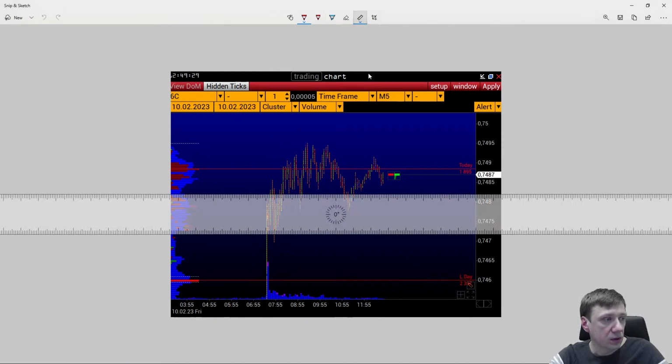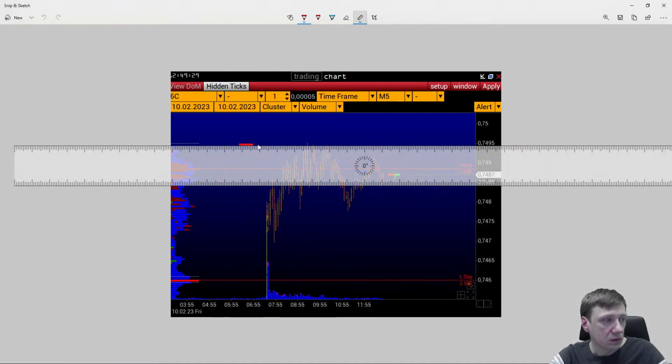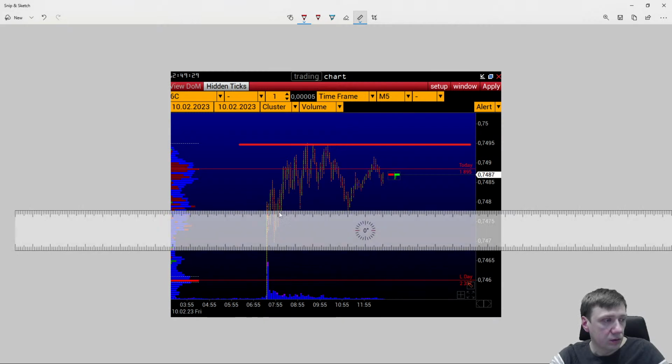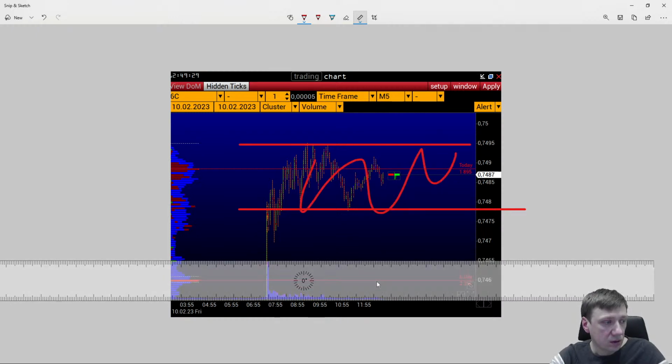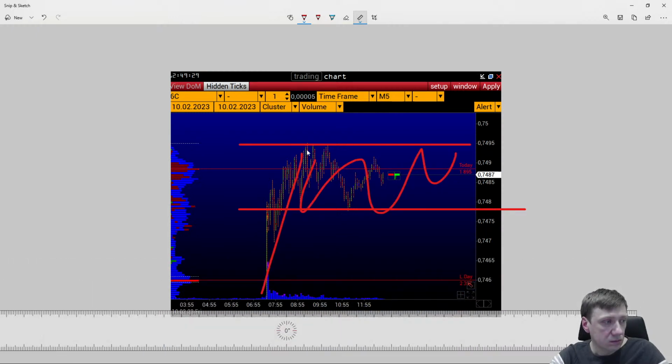So the first one, we can see a range here, and usually when price ranges in the upper zone of its movement, we can expect it will go higher.